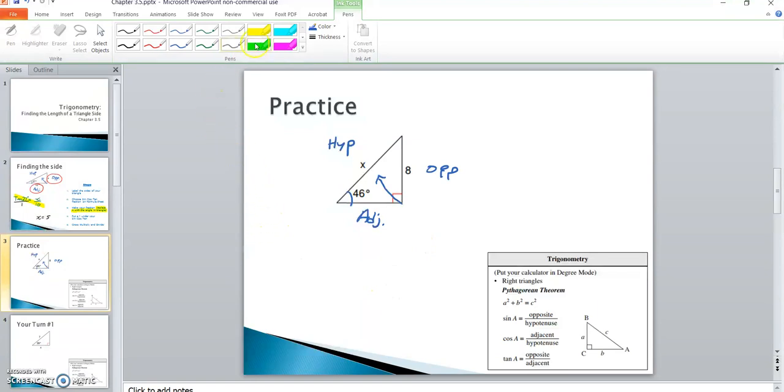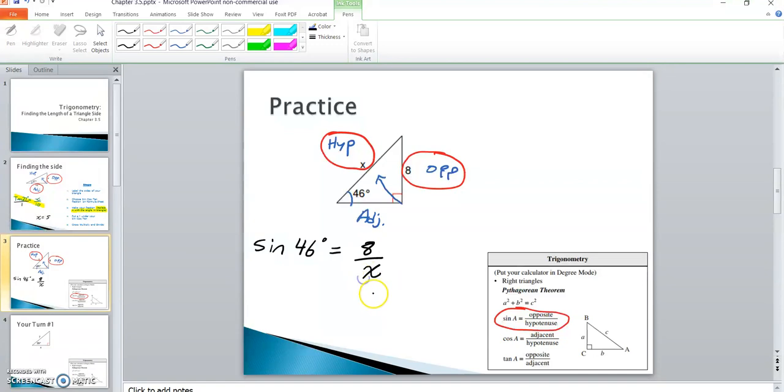The next thing I'm going to do is circle the 8 and circle the X. So I'm working with the opposite and the hypotenuse. So sine A. Please keep in mind that I'm not going to be writing the A. Instead, I'm going to be writing the 46. And it's going to be 8 over x.